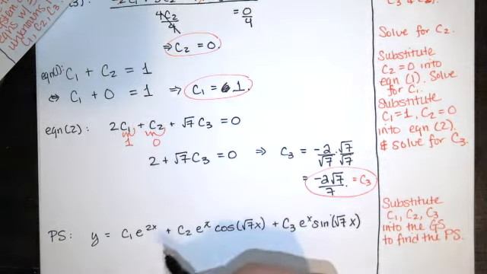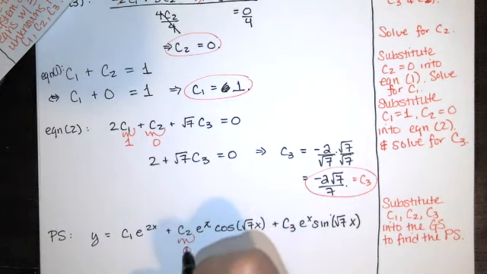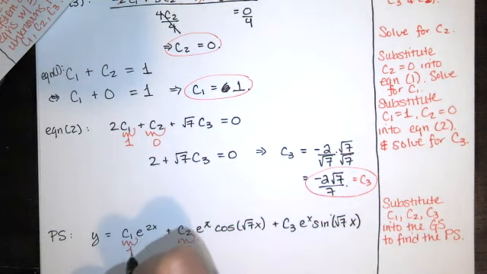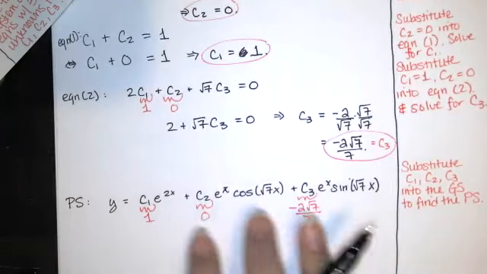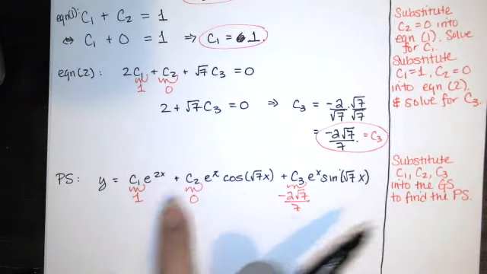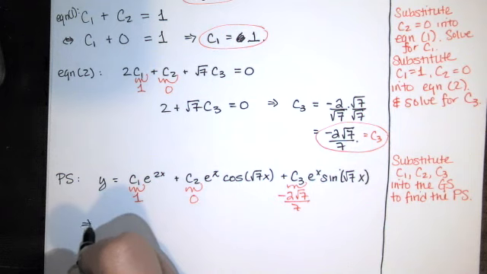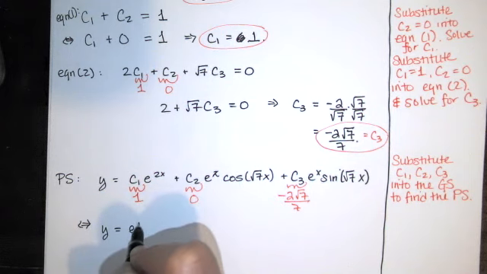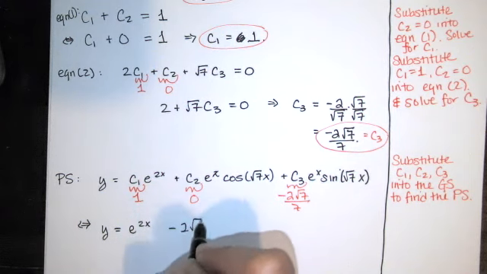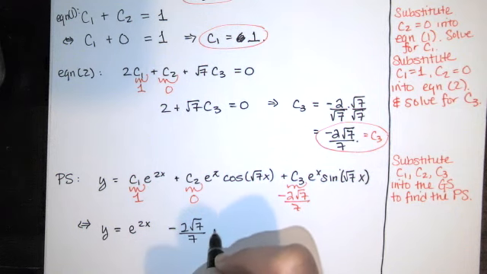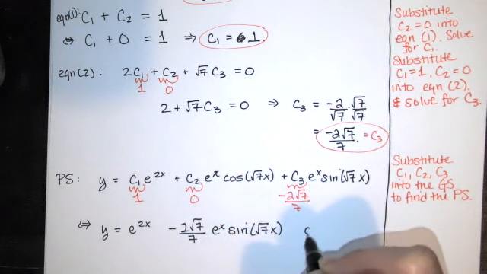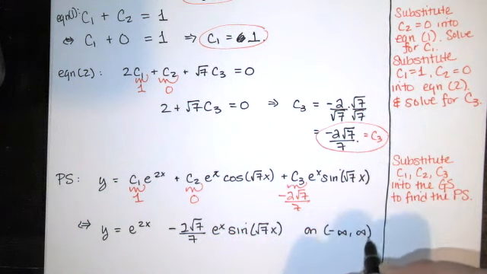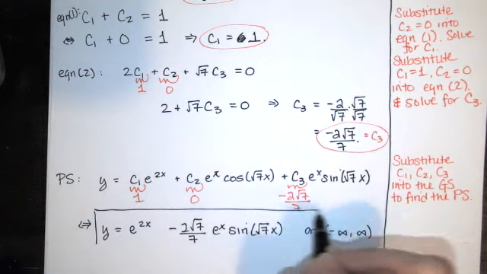And now we know that c2 is 0 and c1 is 1 and c3 is negative 2 times the square root of 7 over 7. So the particular solution is this with that substitution there. So we have y equals e to the 2x minus 2 times the square root of 7 over 7 times e to the x times sine of square root of 7x. And that will work on the interval from 0 to infinity.